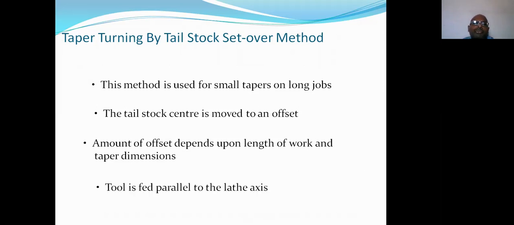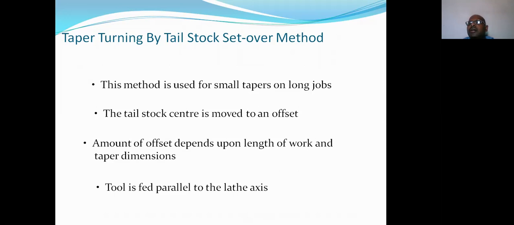In this one, the job is adjusted at an angle to the axis of the machine. That means there is no need to move the cutting tool in a direction inclined to the axis of the machine. The cutting tool, that means the tool post, always moves parallel to the center axis of the machine.